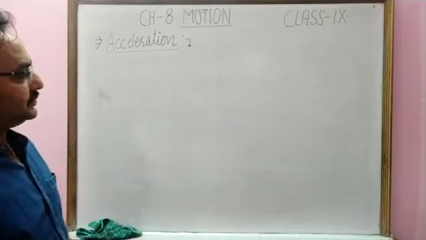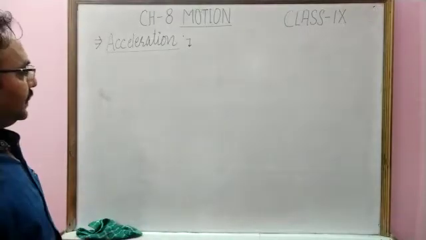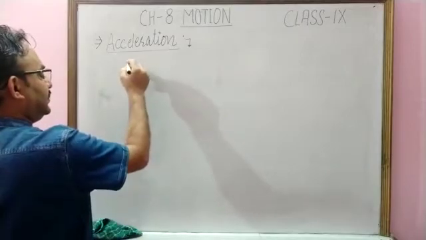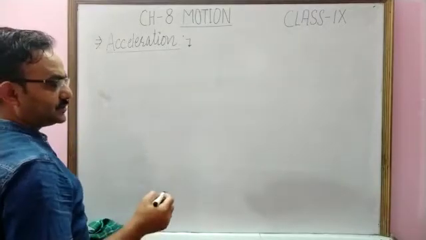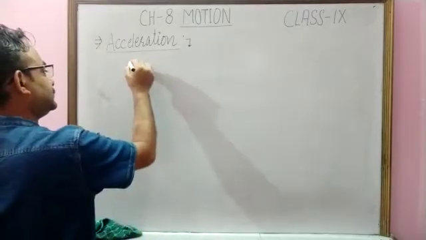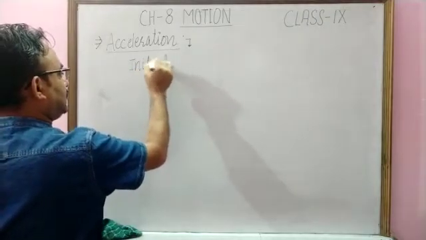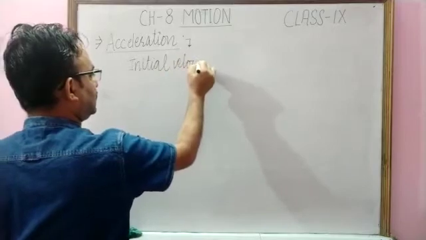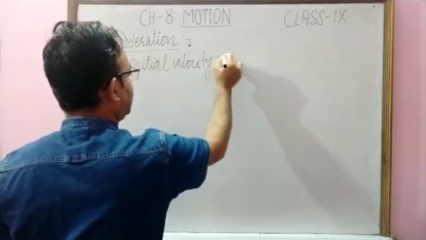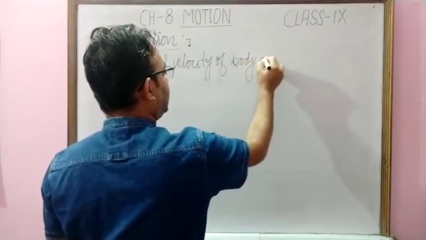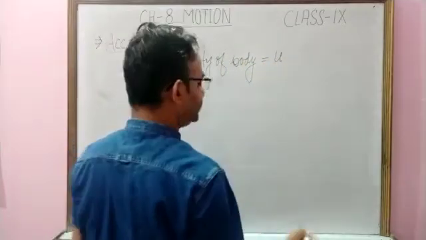suppose that a body is initially moving with initial velocity u. Initial velocity of the body is u.